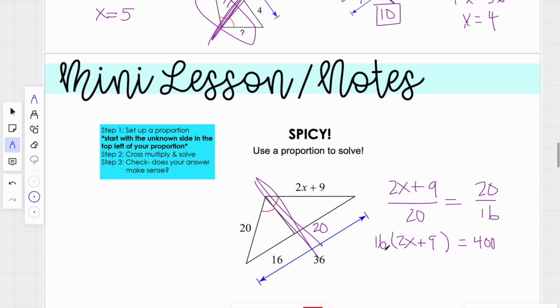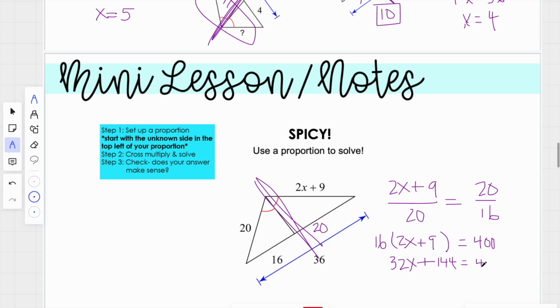All right, go ahead and distribute. 16 times 2x is going to give you 32x. 16 times 9 is going to be 144. And that's all equal to 400.